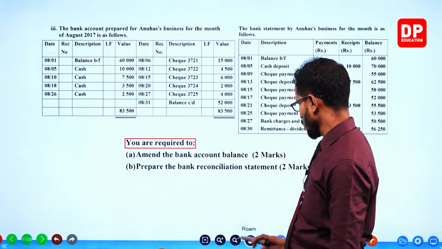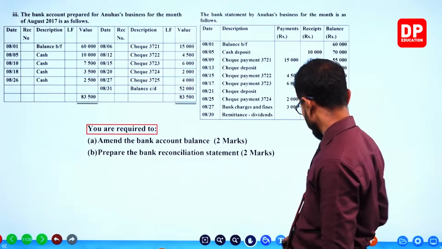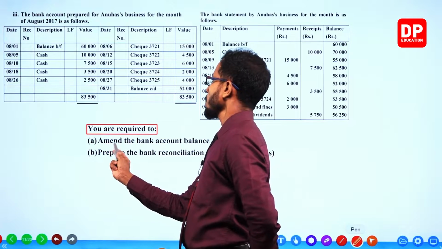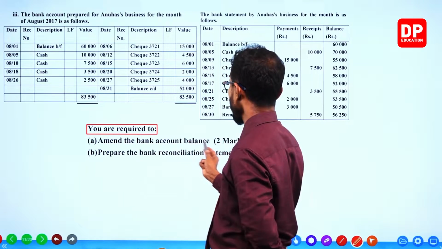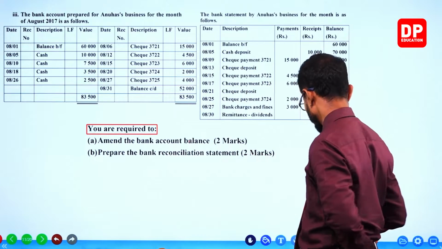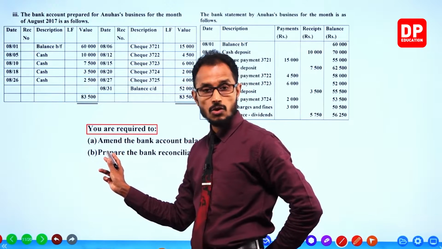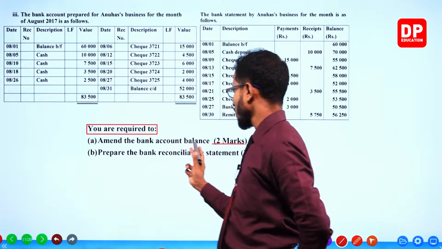What are we supposed to do? We are supposed to amend the bank account balance, 2 marks. Amend means adjust or correct the bank account balance.